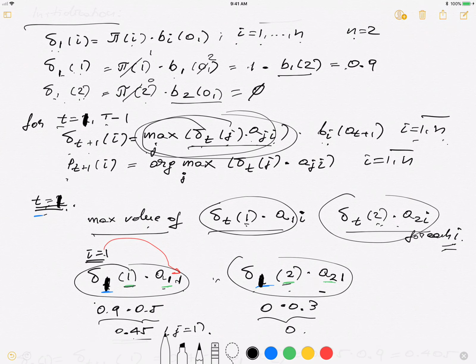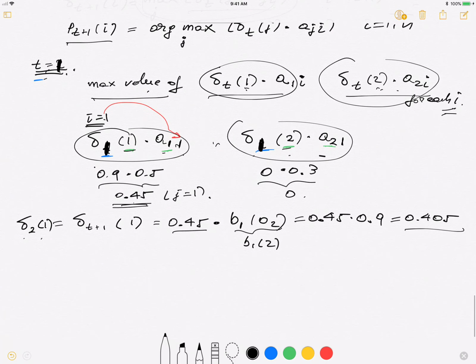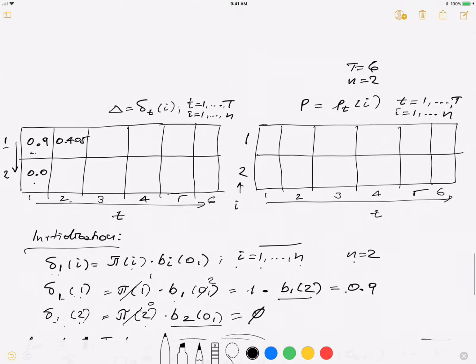What is this? p t plus 1 of i. This is essentially p2 of 1. And this is the index which maximizes this value. That index was 1. So p21 is equal 1.